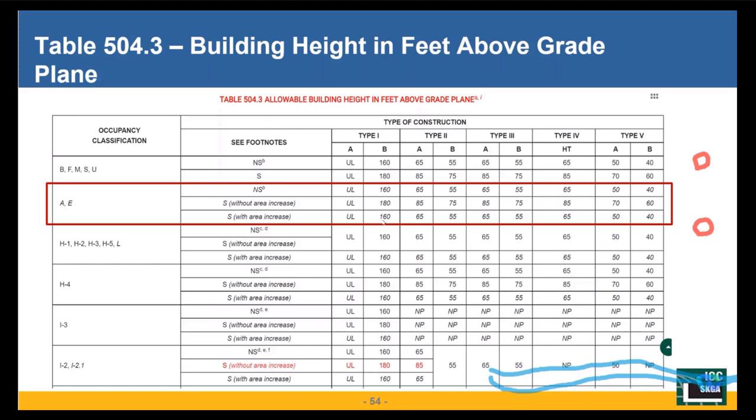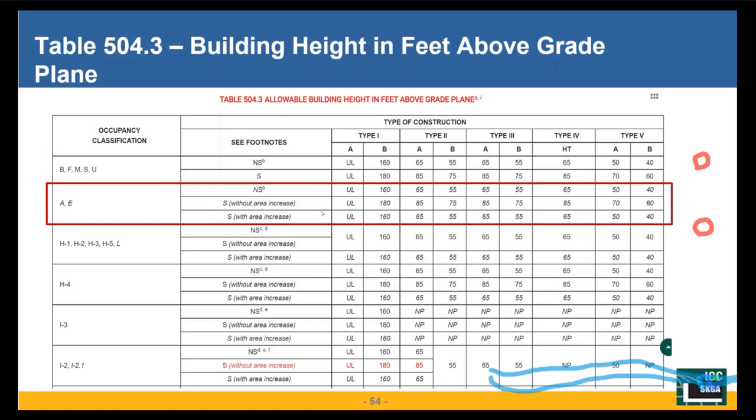And that goes throughout the table. There are footnotes that we can talk about, sometimes there is no difference, for example for hazardous occupancies. Whether you use sprinkler system, if you look at 1B, without area increase or area increase, you're still limited to 160 for hazardous occupancies.